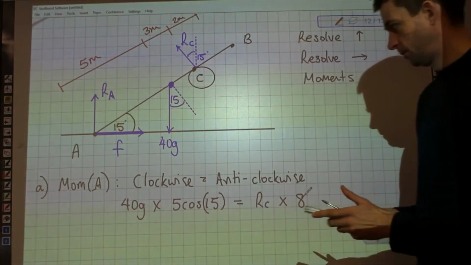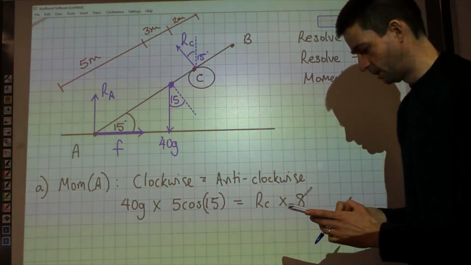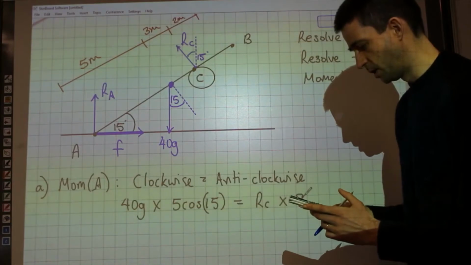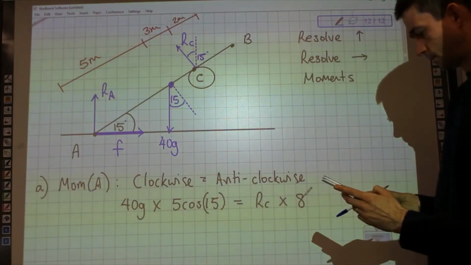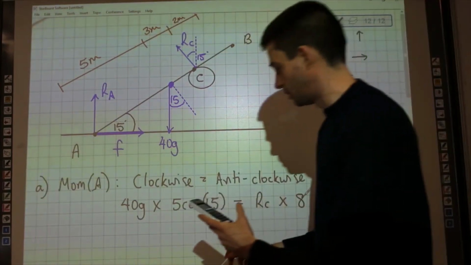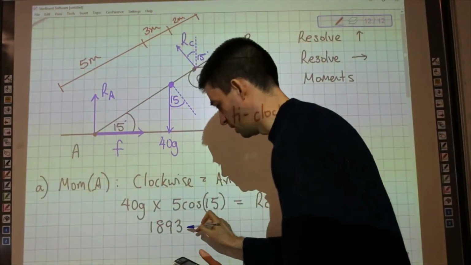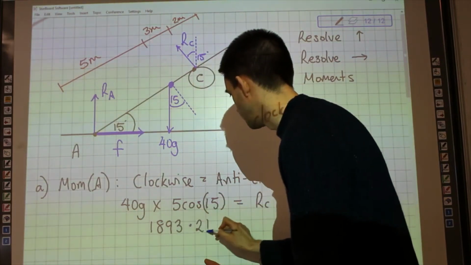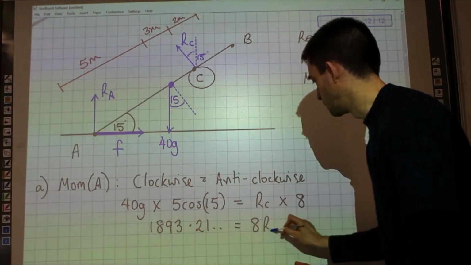So 40G times 5 cos 15, so we'll work that out as a number. In degrees mode, remember. So we've got 1,893.21, keep that in my calculator, and that equals 8 RC.